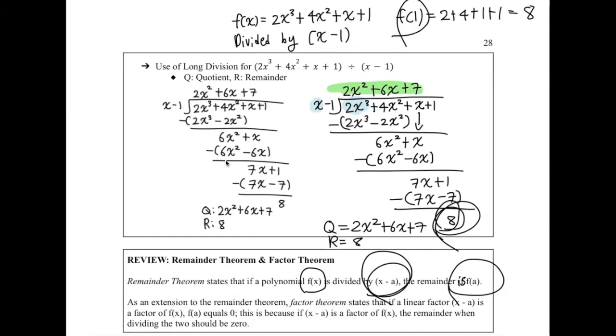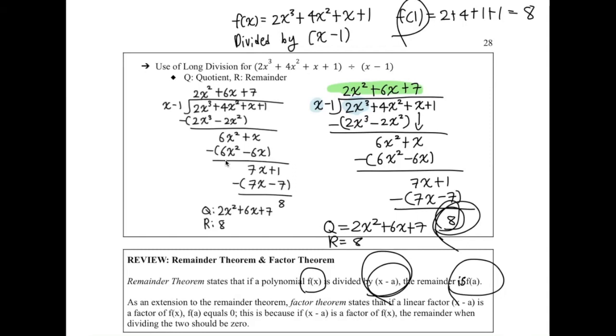And as an extension to the remainder theorem, the factor theorem states that if a linear factor x minus a is a factor of f of x, then f of a equals 0. This is because if x minus a is a factor of f of x, the remainder when divided into it should be 0.